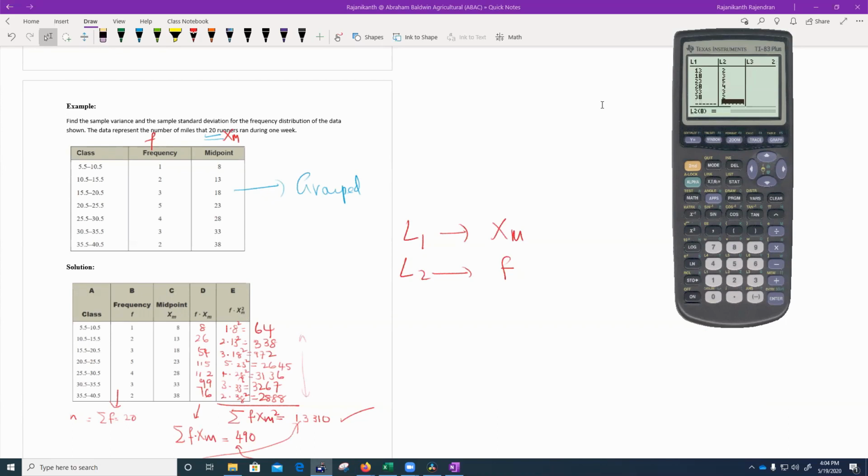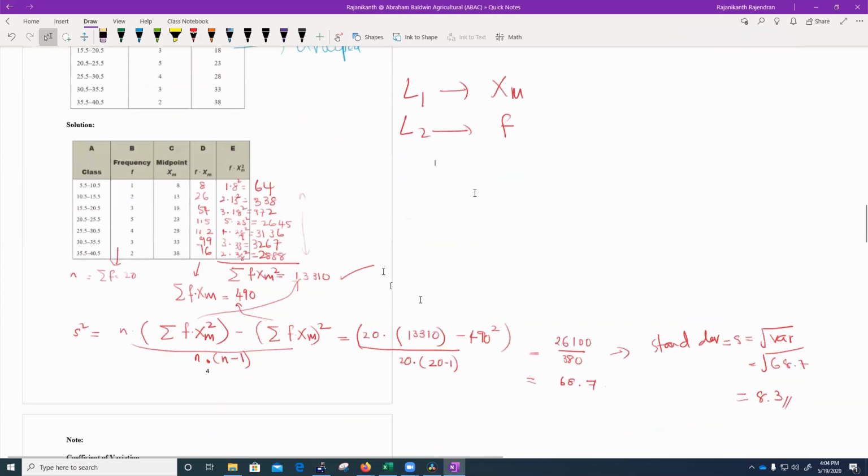Okay, after entering everything here, this is the catch. Go to stat, calc, then choose one-var stats, then enter.